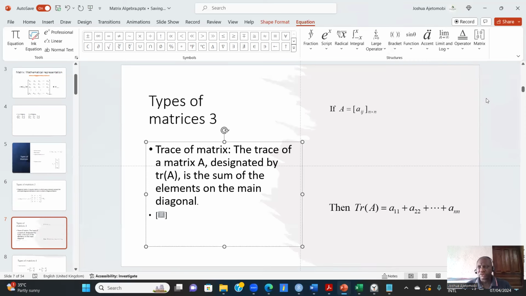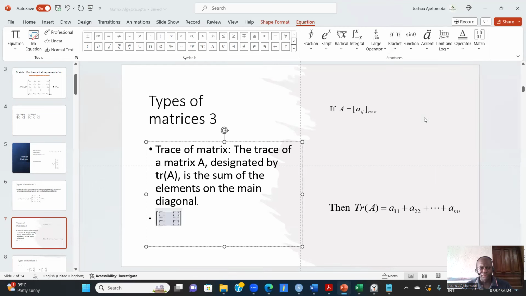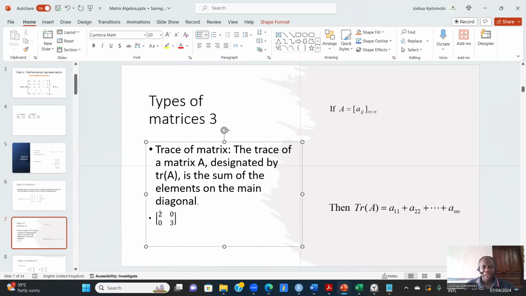So let me call my matrix A. For a 2 by 2, let's say this is 2. For sure, this will be 0. Let's say this is 3. And for sure, this will be 0, because these 2 and 3 are the principal diagonal.